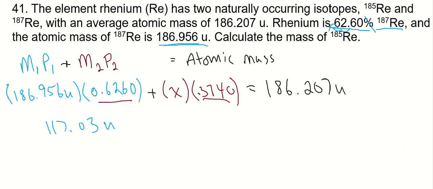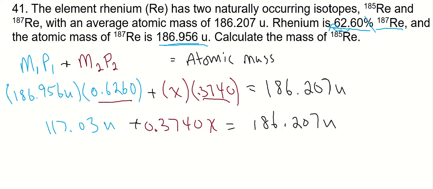All right, and that plus 0.3740x is going to equal that number to the right. Now let's subtract 117.03 from both sides. I've got the stored number, so I'm always going to use that.